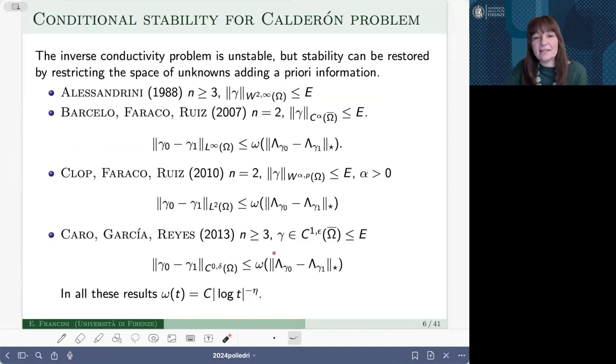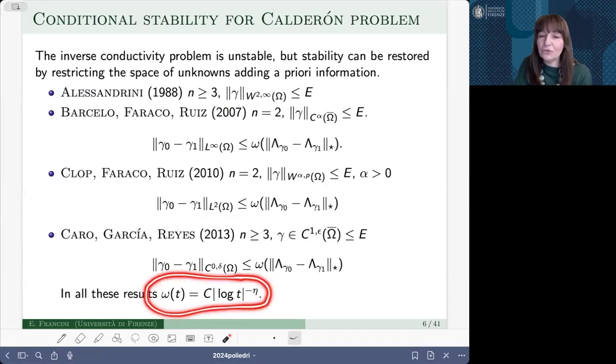Here in these slides, I wrote some of the results about stability, which are different in the kind of norms that are taken in the function gamma. So they have different a priori assumptions, and different norms in which the stability result is proven. But they all share the fact that the modulus of continuity is of logarithmic type.